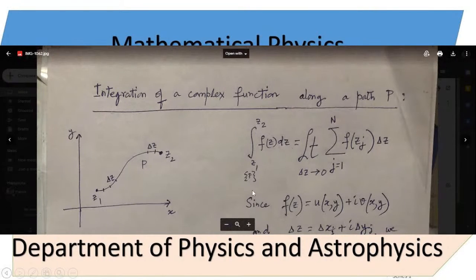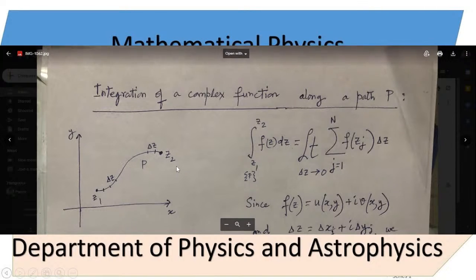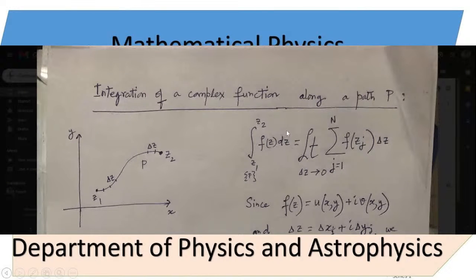And that's the reason why you have to specify the path beforehand so that one can evaluate the integral of the complex function.